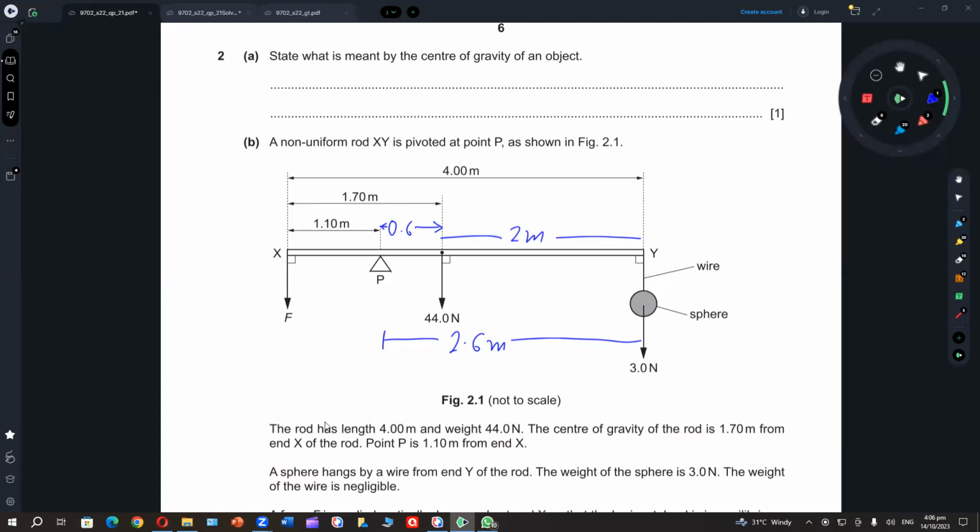Now, help me to make the equation and find the answer. What equation should I use?